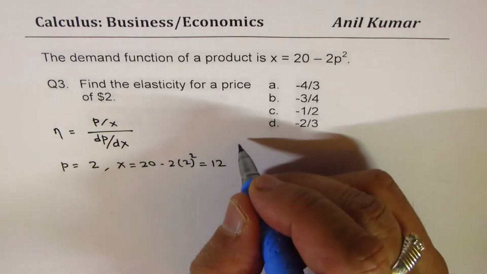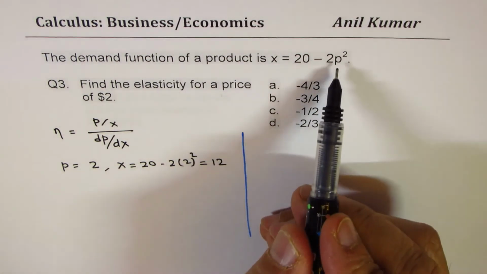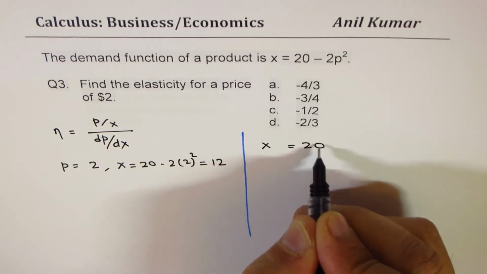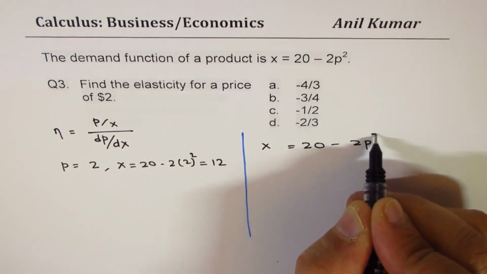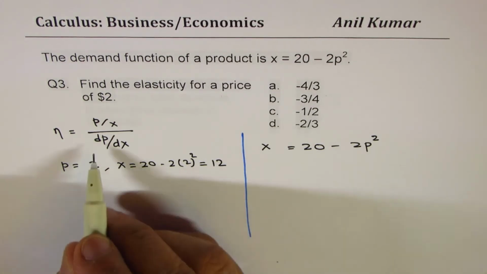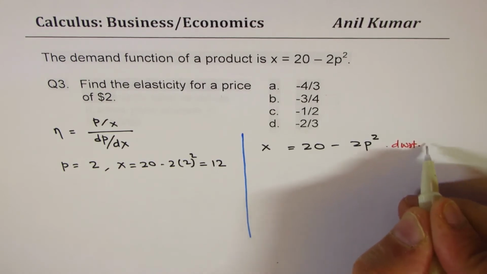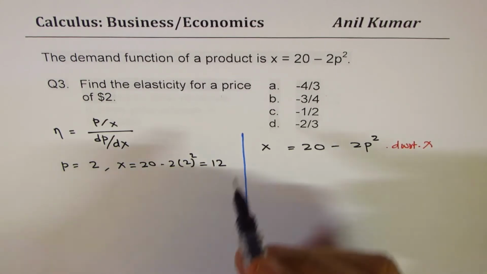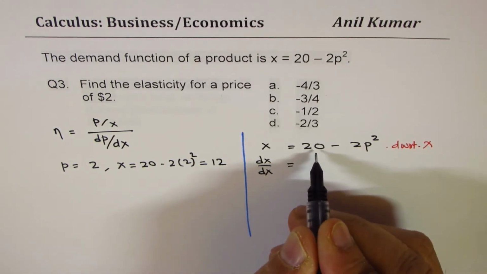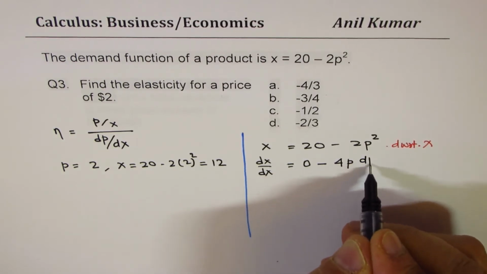Now the best way is, those of you who have done implicit differentiation do not have to rearrange it. You can write the equation as x equals 20 minus 2p squared and differentiate both sides with respect to x. We need dp dx, right? So we get dx over dx, which is 1, equals 0 minus 4p dp dx, correct?